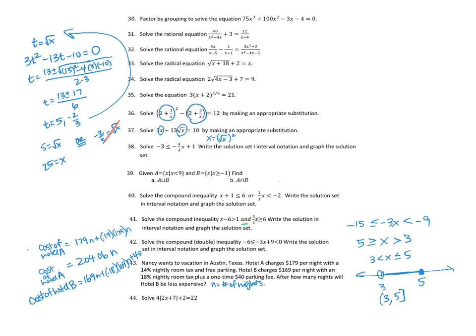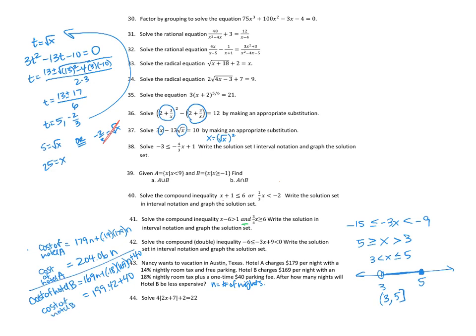And so we can simplify this down to be $199.42 n plus the $40 parking fee. So that's the cost of Hotel B.